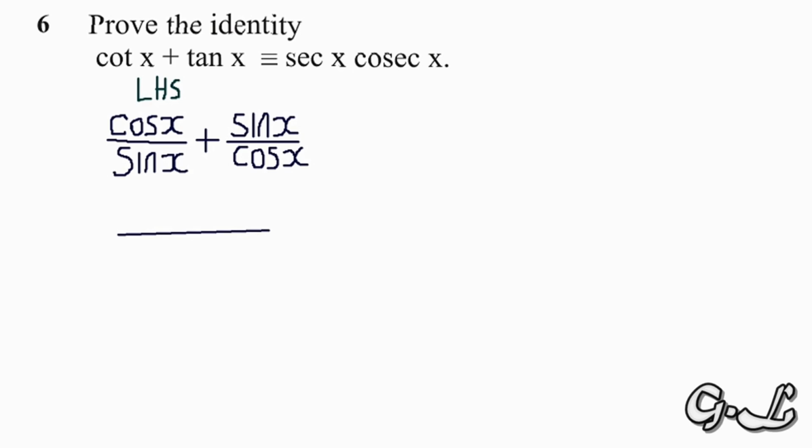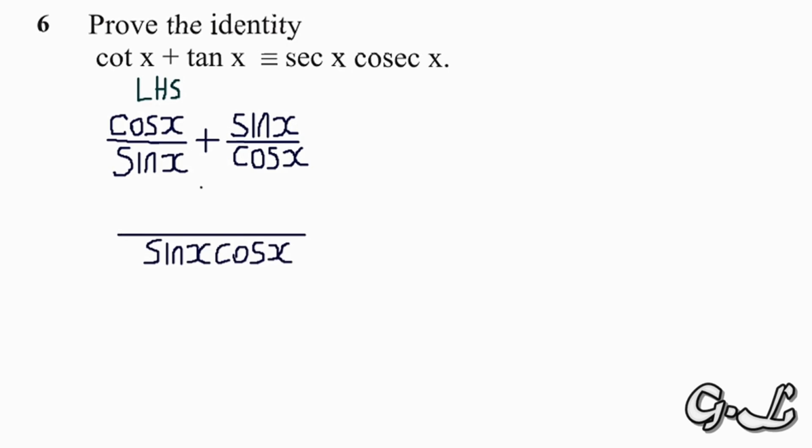Since we have fractions, that is the addition of fractions, we're going to find the common denominator, and the way we find the common denominator is that you have to multiply the denominators of both fractions. In such a case, the denominators we have are sin x and cos x, so we're going to multiply those. So it will be sin x cos x.